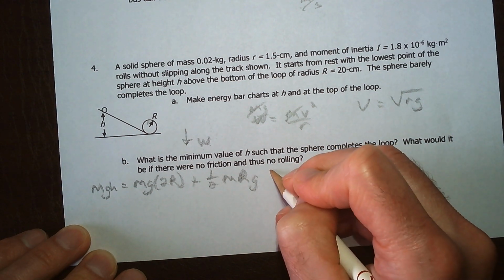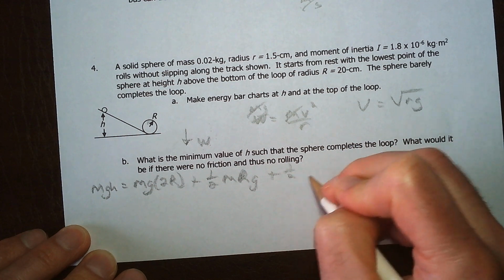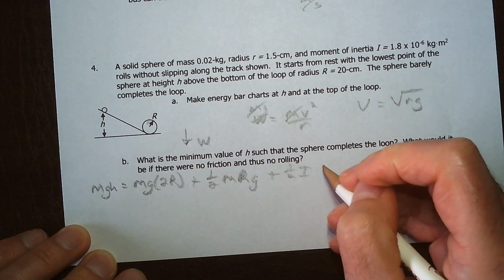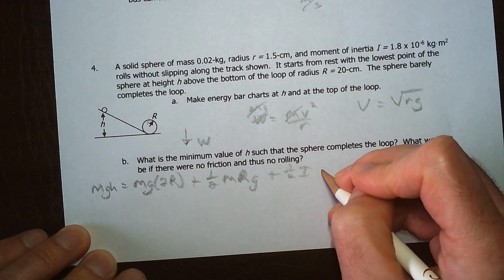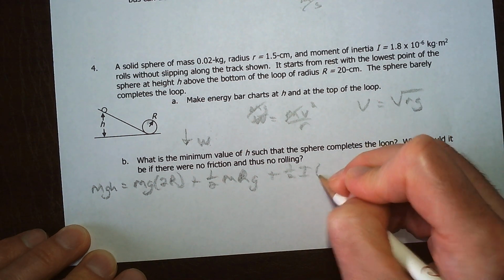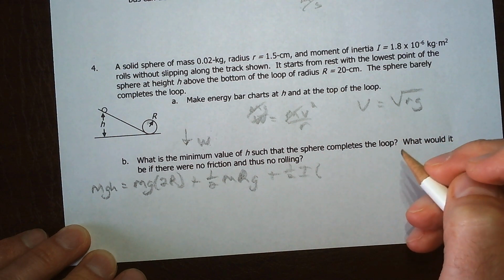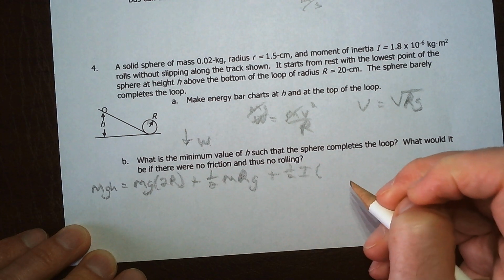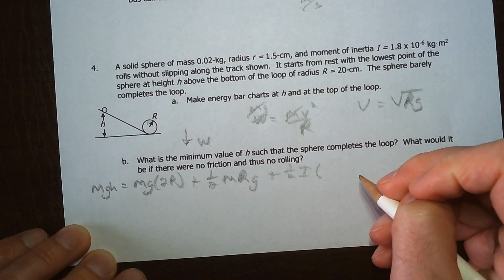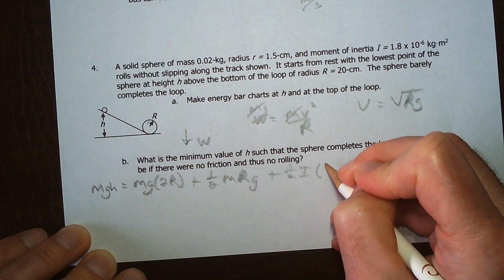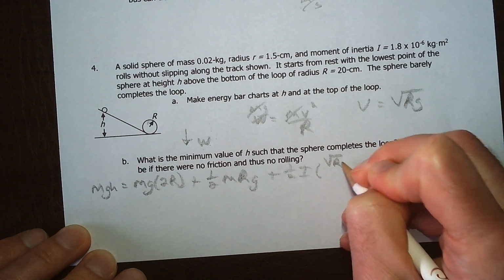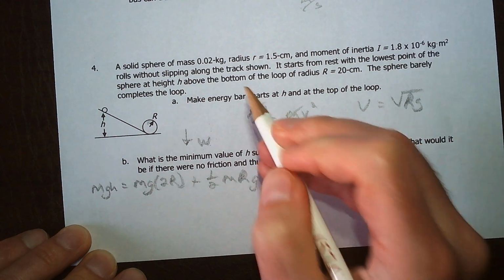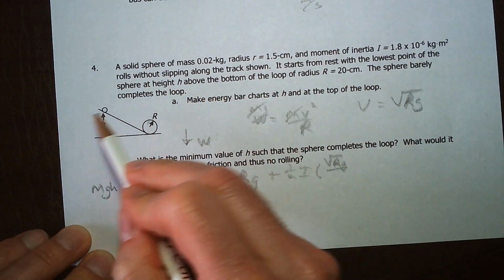And then plus 1/2 the rotational inertia they give you times omega squared. Well, remember that omega is equal to, I'm going to make this a big R here so we don't confuse it, V over R. So it's going to be square root of Rg, this R, divided by the r of the actual ball here, squared.